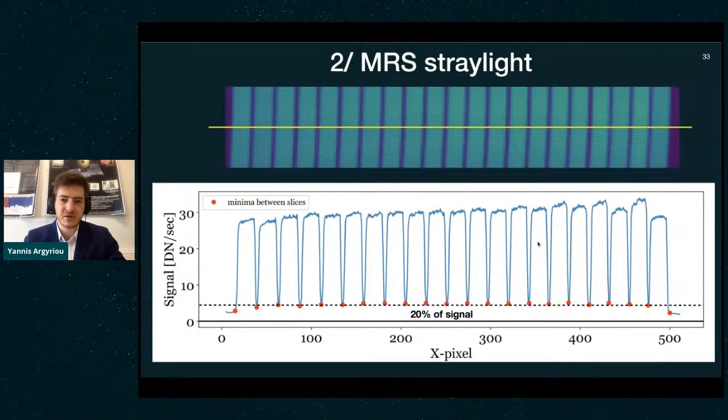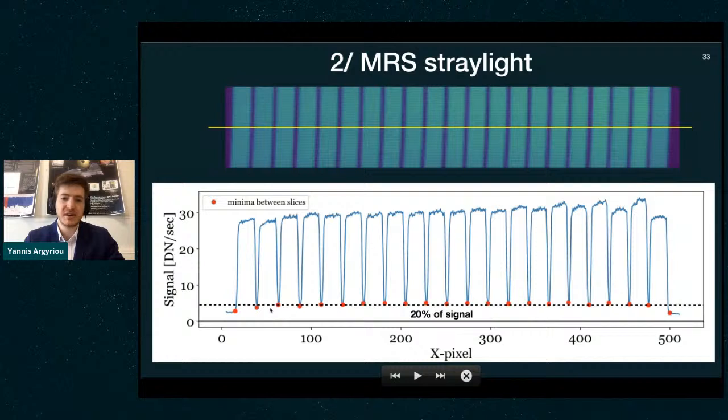One way to also visualize this is to look at an extended source observation, where I show on the top an image that you've seen before, and I will take just a detector row through this image. For an extended source observation, you see that we get several plateaus of signal as a function of row position, or column, I should say.